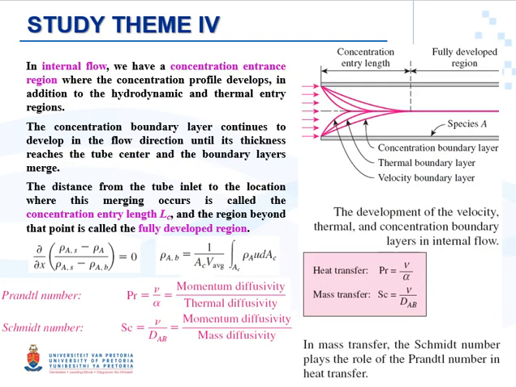For internal flow, we have a concentration entrance region where the concentration profile develops, which is similar to the thermal entrance region in internal convection heat transfer. If we apply the same concept here, as you can see in the picture, the concentration boundary layer continues to develop in the flow direction until it reaches the tube center and the boundary layers merge.